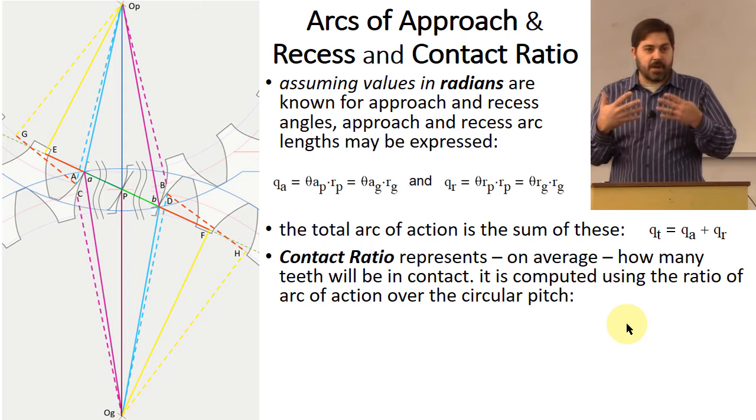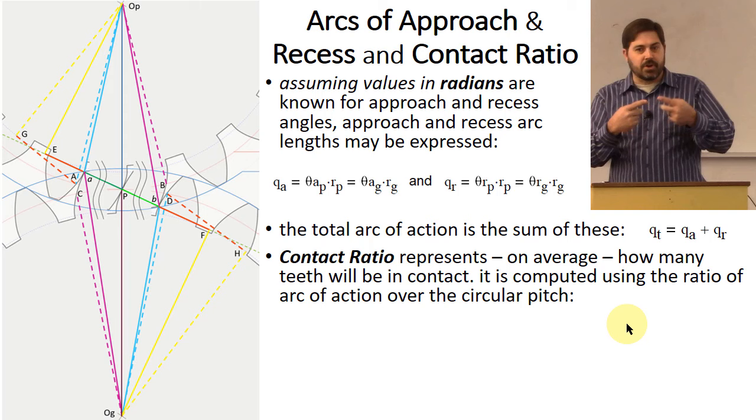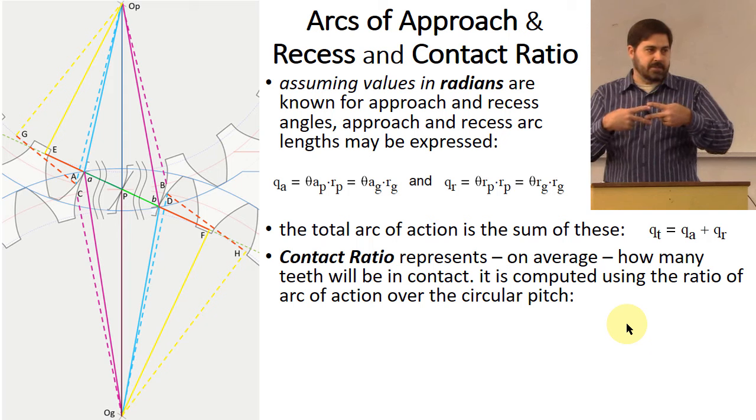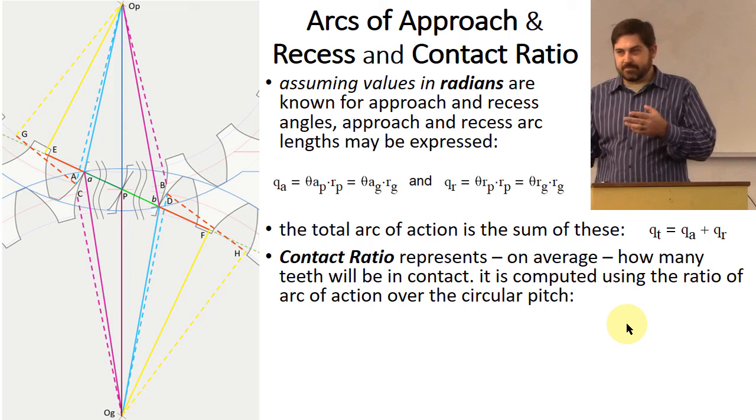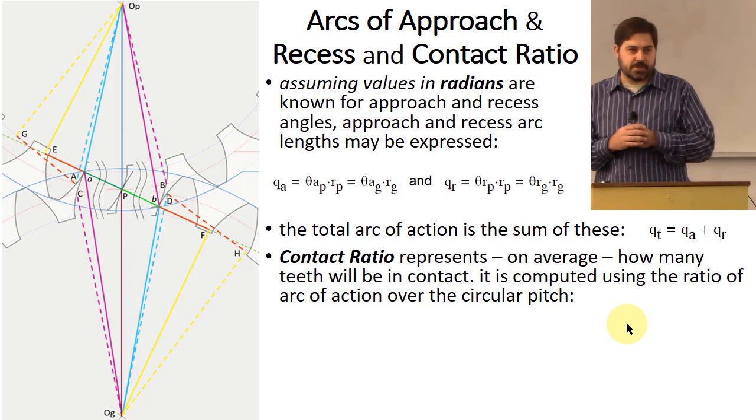So some of the time there's going to be just a single tooth contact, but some of the time you're going to have more than one pair of teeth contacting. So on average, how many teeth are contacting? That's what the contact ratio represents.